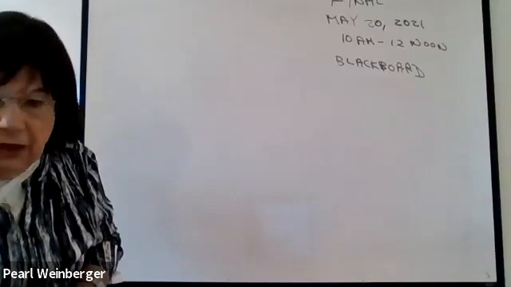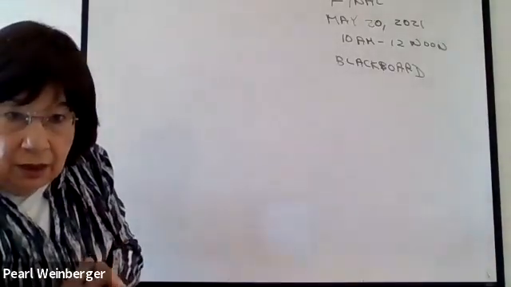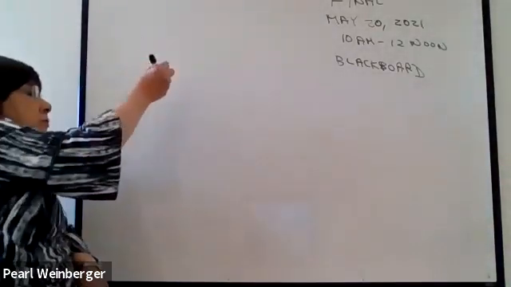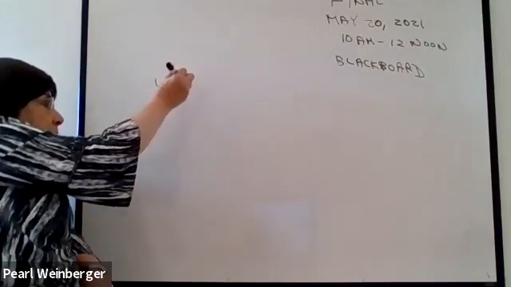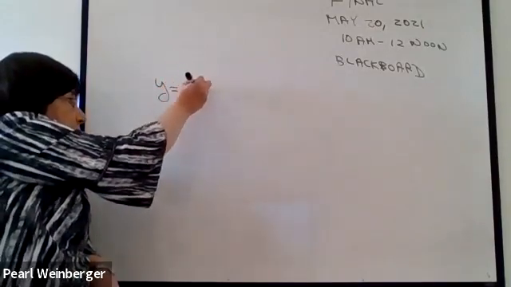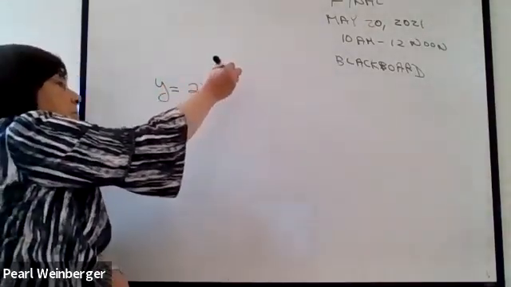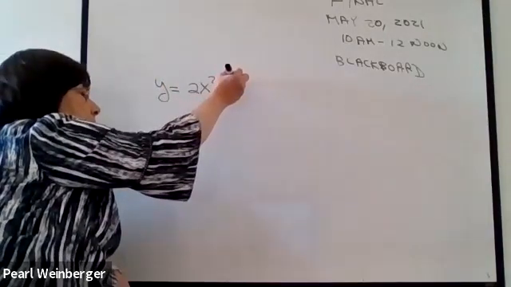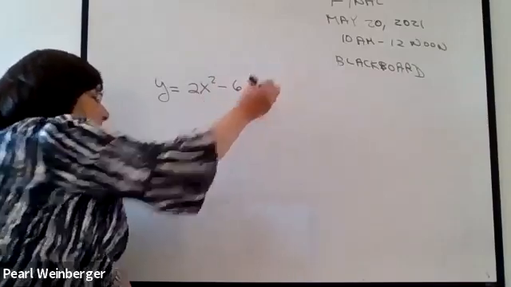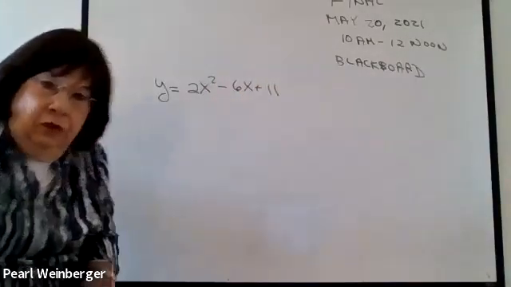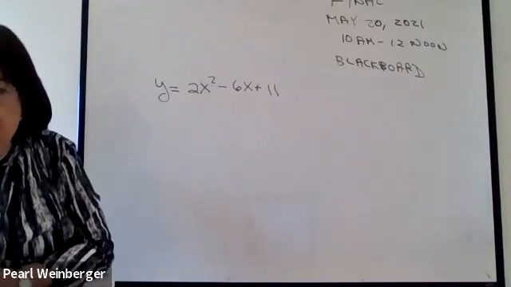Okay, suppose I gave you this question. Suppose I told you that we have y equals 2x squared minus 6x plus 11. See if you could find the vertex of that parabola.